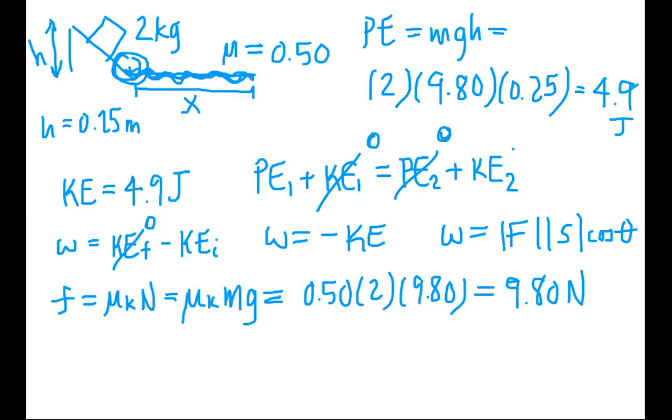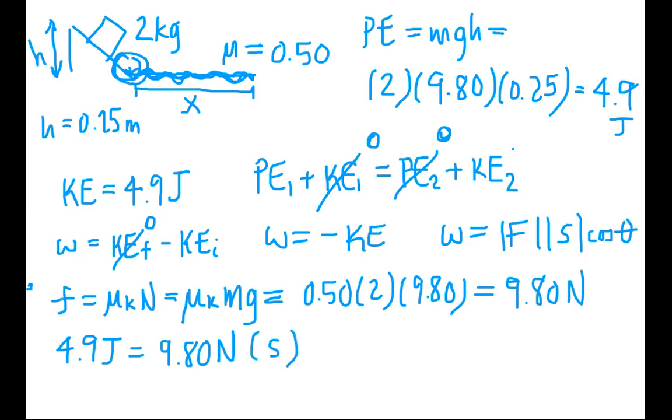Okay, so now we know that work is equal to kinetic energy, which is 4.9 joules, and that the work is equal to the force times the displacement, so we get 9.80 newtons times some displacement s.